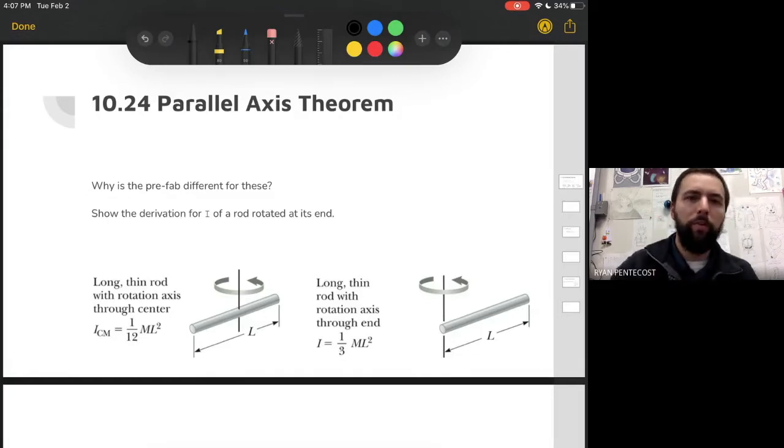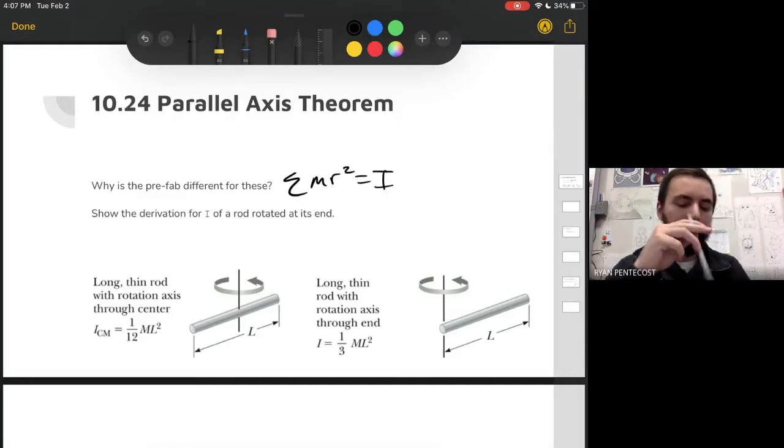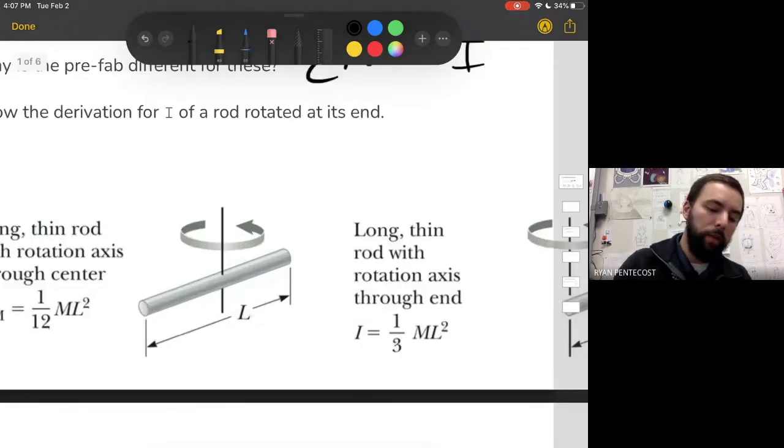So it's a greater moment of inertia if it's through the end rather than the center mass. Now, why is the prefactor different for both of these? Because the axis of rotation is different. If mr squared is your moment of inertia, that means you are increasing the radius for a lot of those particles. Thinking of this particle-wise, the maximum radius you could have was L/2, in both directions.